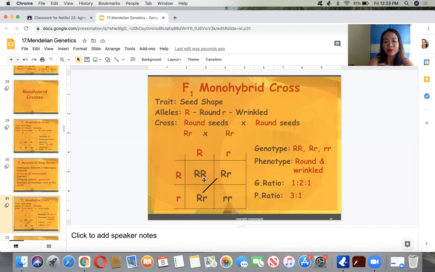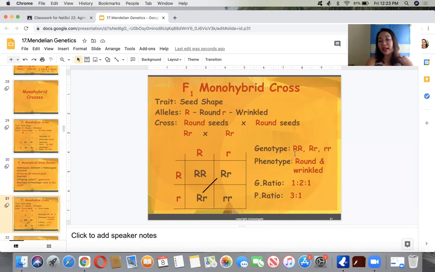The first pairing is two capital R, the next pairings are between big R and small r, and the last pairing is both small letter r.